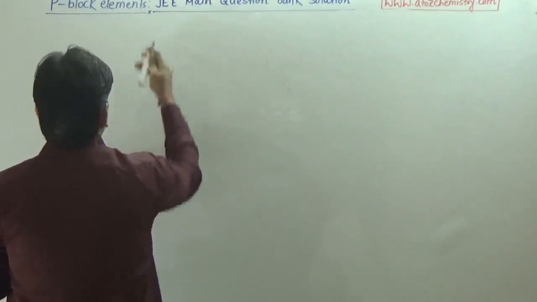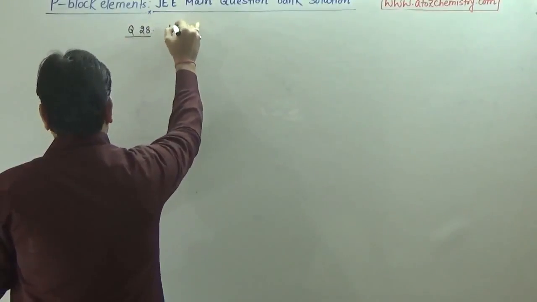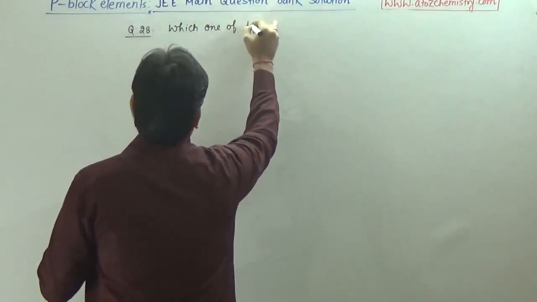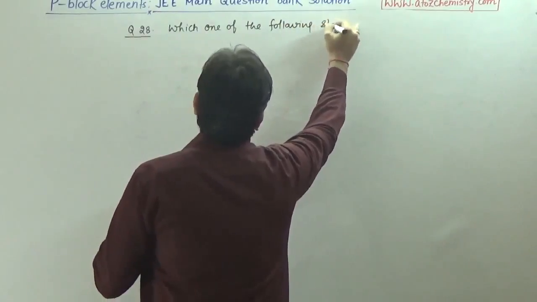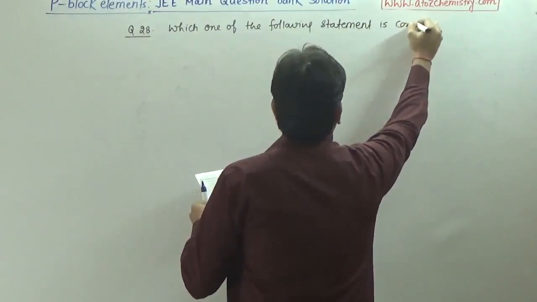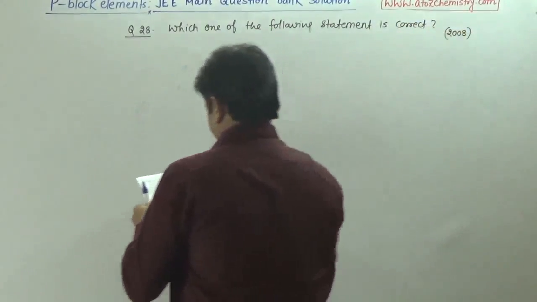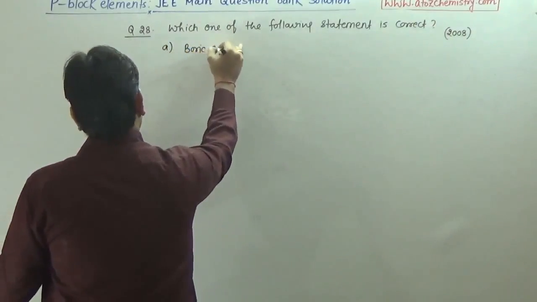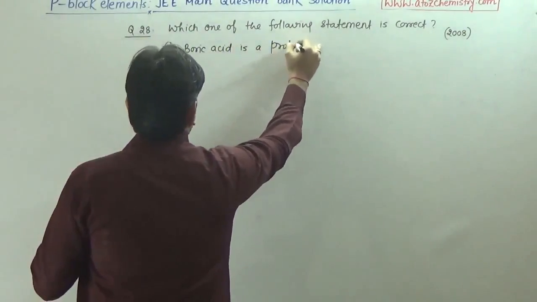Question number 28. Which one of the following statements is correct? Asked in JEE 2008. A option is boric acid is a protonic acid.